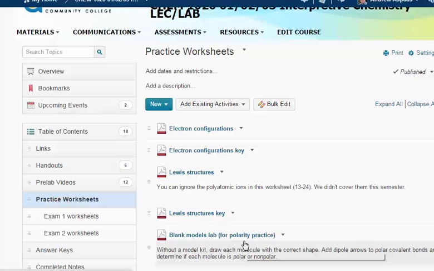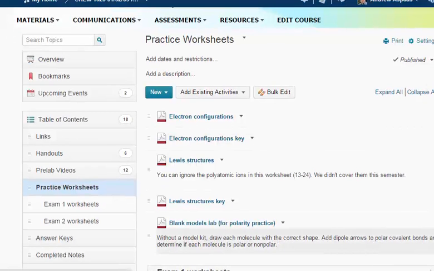So it's just a modeling lab. Print that out, but then try to do it without a model kit. Draw each molecule with the correct shape, and then do like we'll be doing today. Add dipole arrows to any polar covalent bonds, and then determine if the molecule is polar or nonpolar. That'll be excellent practice for the quiz. Okay? So I can put a key for that one up too. I've got that somewhere. Okay?